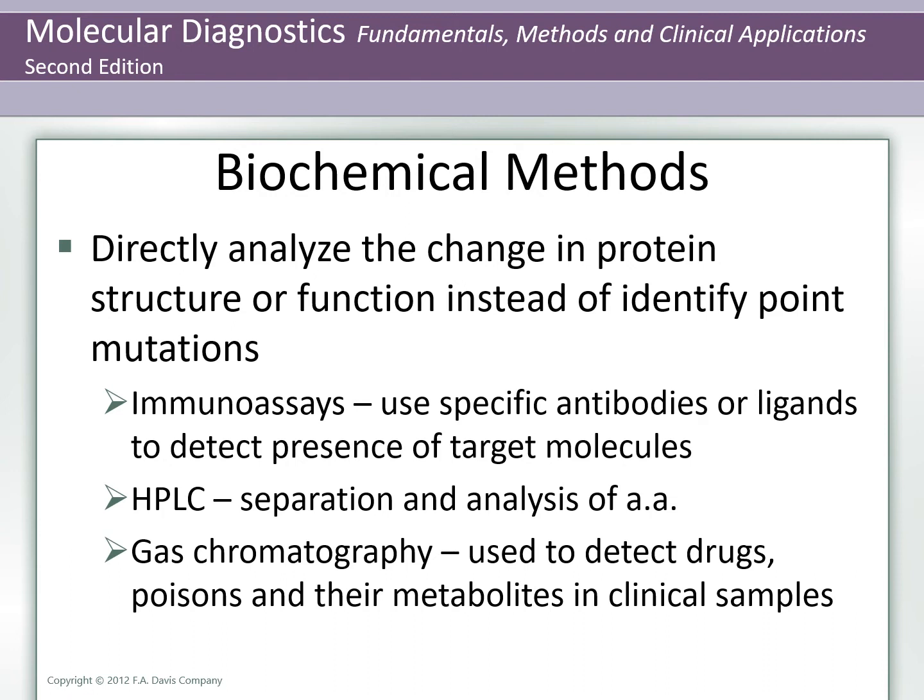HPLC differs from gas chromatography. As the name implies, it consists of two phases, a column with a mobile phase, or a solvent, that flows through a stationary phase, or solid support. Gas chromatography involves a mobile phase of inert gas and a stationary phase of a high boiling point liquid absorbed to an inert solid support in a column.